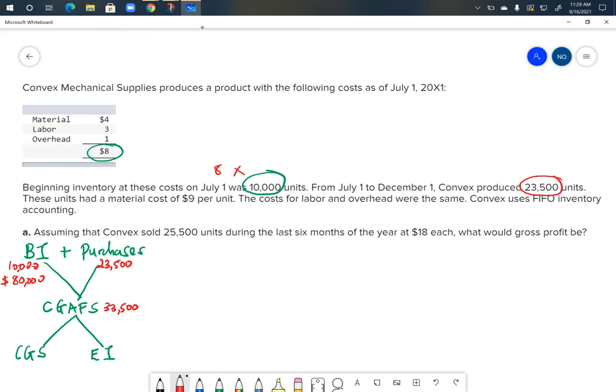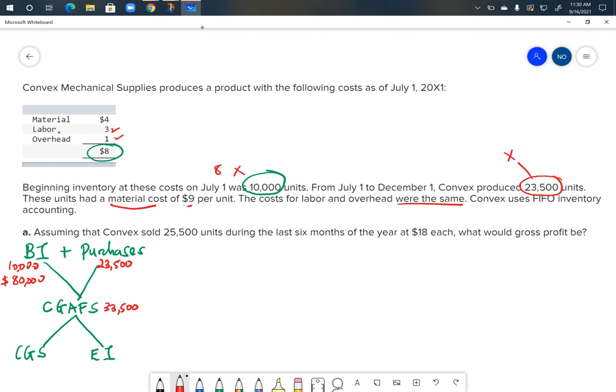In terms of dollars, for the purchases, the additional 23,500 units had a material cost of $9, but labor and overhead were the same. So the total cost is $9 for material, $3 for labor, and $1 for overhead, which is $13.